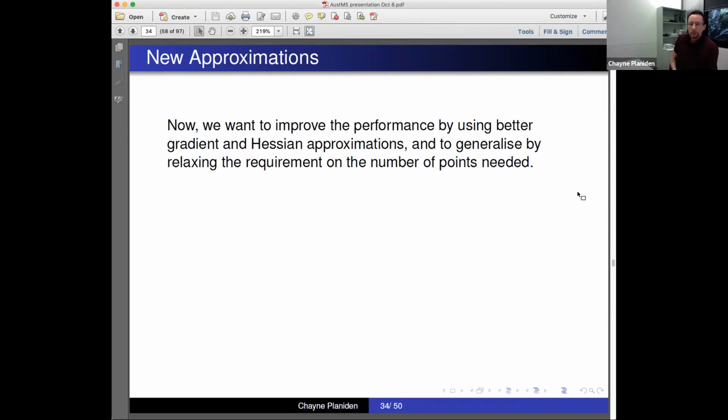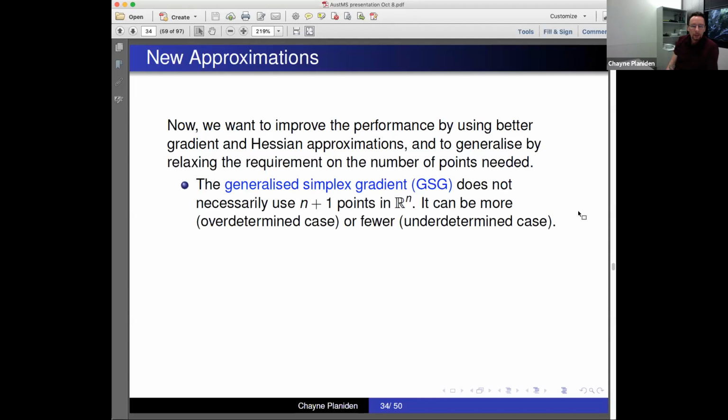So the new information that we've done this year now is how to get new approximations, how to better these gradient and Hessian approximations. How can we do that more efficiently? How can we get better accuracy? So what we did was generalize. So we start with the first order information, the simplex gradient, that we base our VU approximation of the U gradient on.